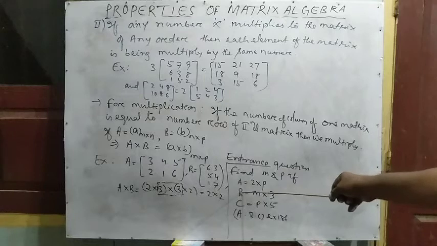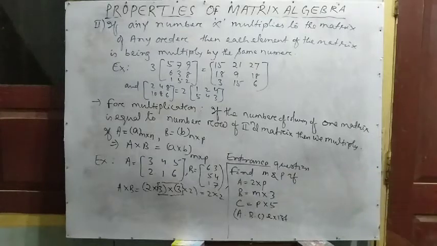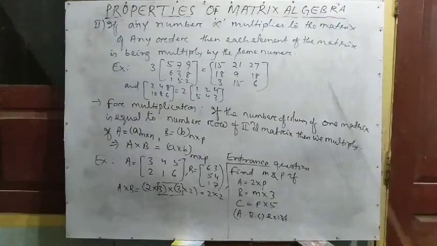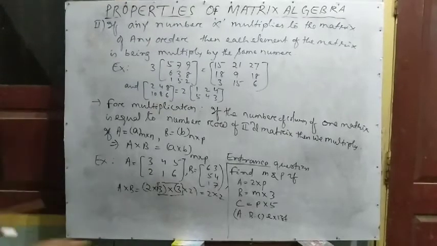The order of B equals M by 3. And the order of C equals P by 5. So it is given that A, B, C exist. A, B, C exist means that AB exists and ABC also exists. We will discuss this. Now look at how to find M and P in this case.